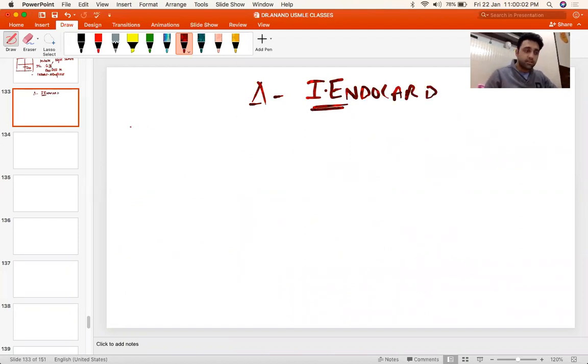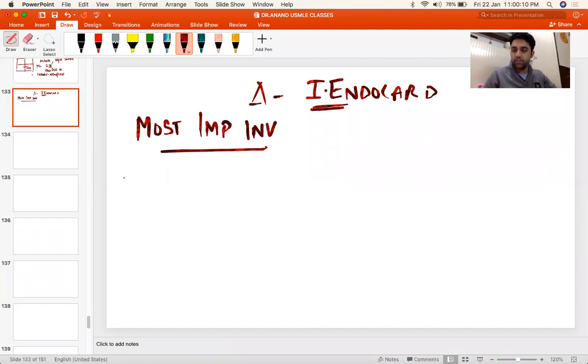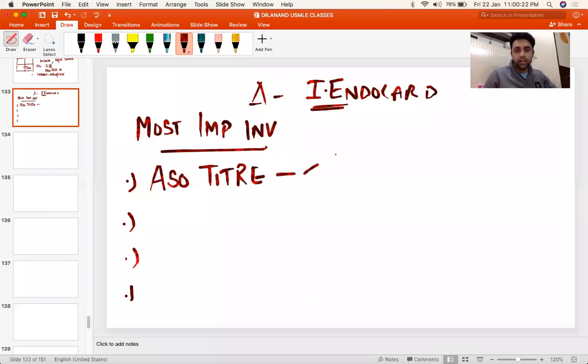The question is, which is the most important investigation for this case. Options are ASO titer, yes or no. Do you want to get ASO titer in this case? ASO titer will tell us regarding the rheumatic heart disease.